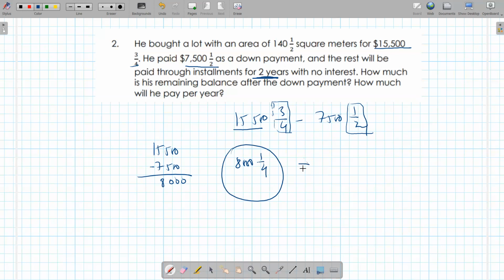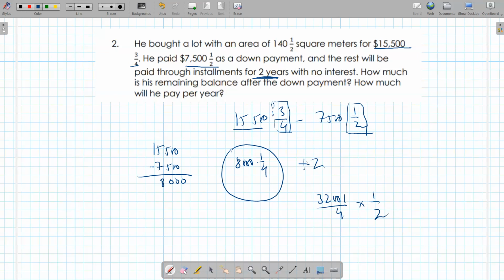Just divide this by 2. How do we do that then? Maybe we need to open it up. This is not going to be fun. 8 times 4 is 32, so I have 32,001 over 4 times 1/2. Can this even be done? It can be done on a calculator, but we're not allowed to use a calculator.